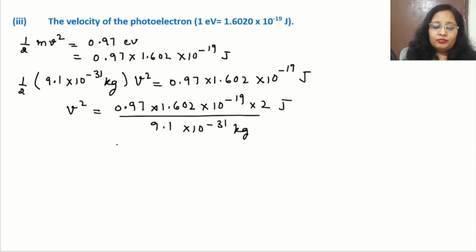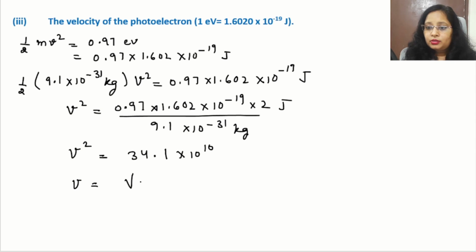Now from here, after doing all the calculations, we will get the value of v square equal to 34.1 into 10 to the power 10, and from here we will get the value of v, which will be the square root of 34.1 into 10 to the power 10.